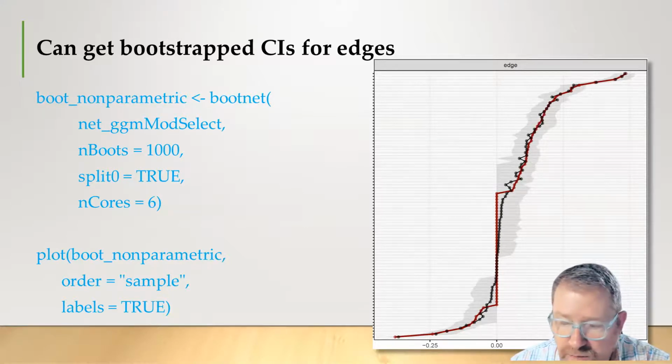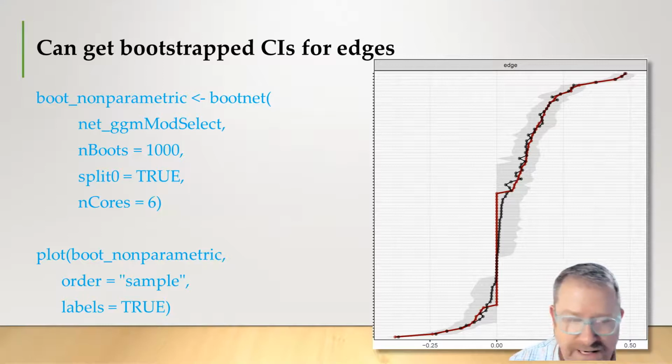And when you plot it, you get this nice plot. Now with 2,000 participants, these light gray confidence intervals are fairly tight. So some of these strongest edges are definitely statistically significantly different than these weaker ones.